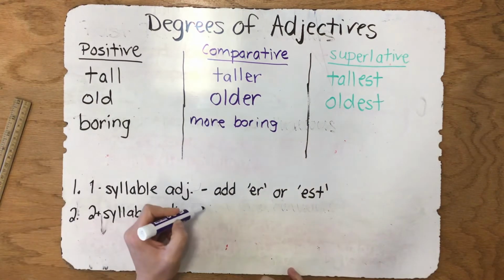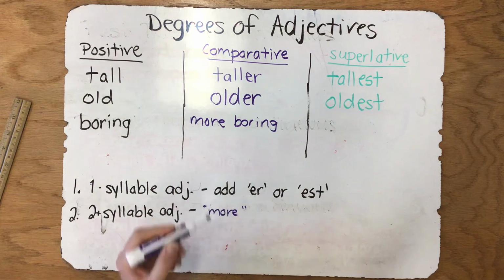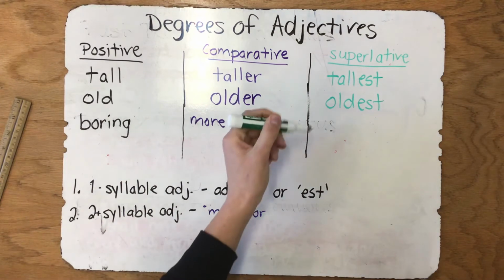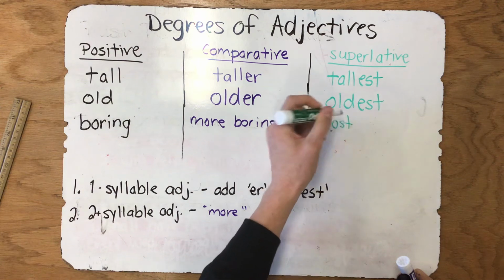So let's write that down here. We add more. Or when it's a superlative, like this is the most boring lesson. Hopefully you don't think that. Most boring.